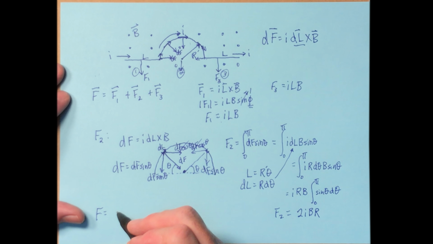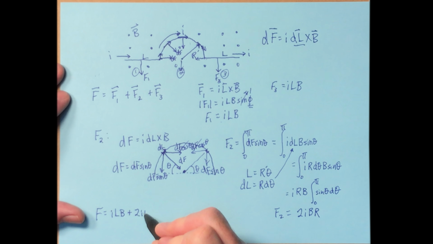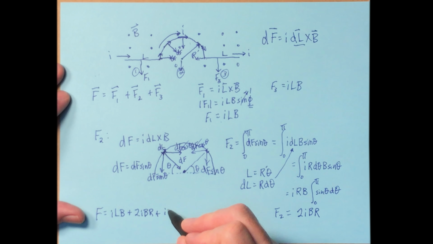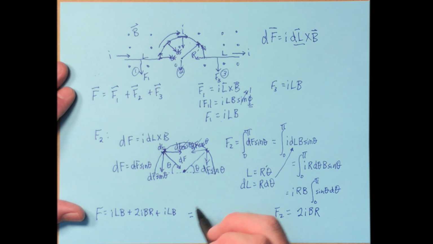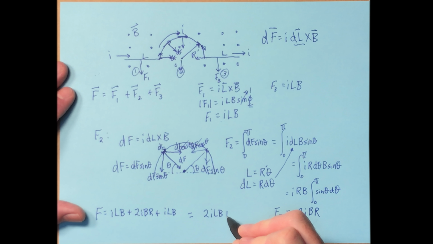So it's going to be ILB plus 2IBR plus ILB, like that. Do that, and what do you end up with? Looks like we've got 2ILB plus 2IBR.